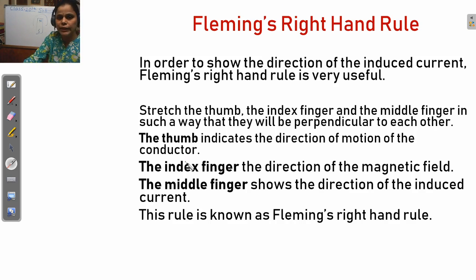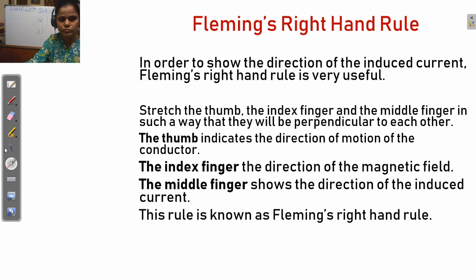The index finger shows the direction of the magnetic field, and the middle finger shows the direction of the induced current. This rule is known as Fleming's right hand rule. In Fleming's right hand rule, we use our right hand thumb, index finger and middle finger.